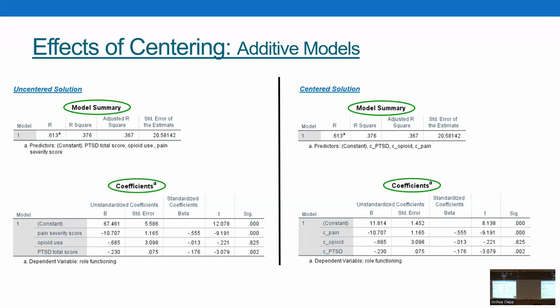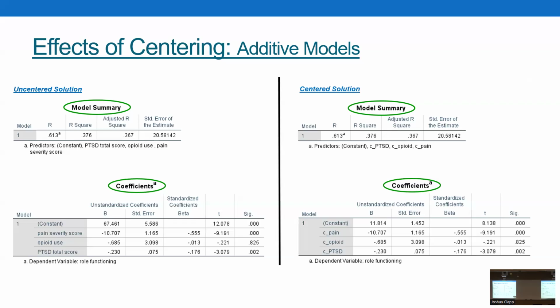Okay. Yeah, Connor. Sorry, could you say the interpretation of the centered constant one more time? Think about it this way. The interpretation is always going to be identical. You're just plugging in what 0 means. Your constant is always going to be the expected value of your outcome, holding everything in the model constant at 0.